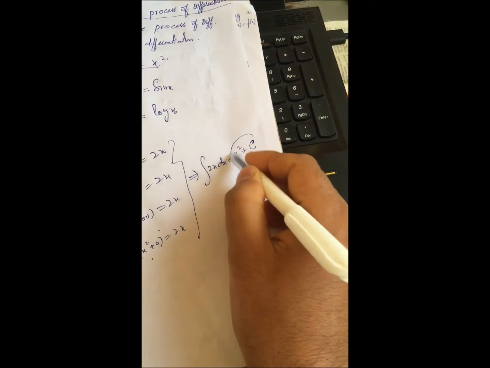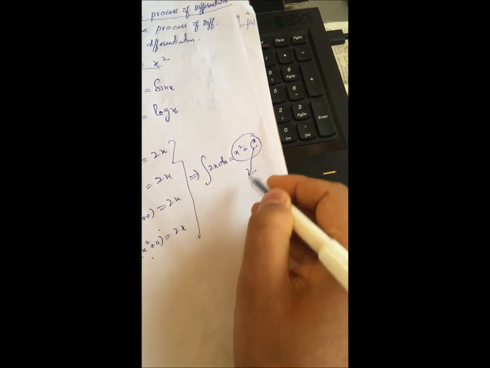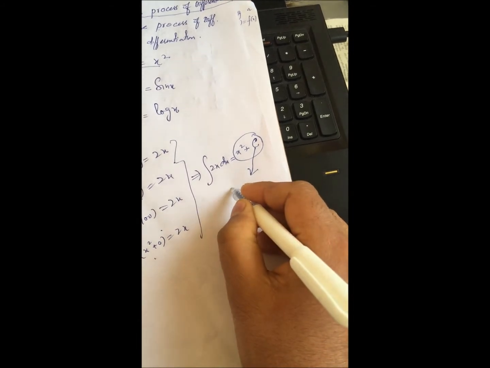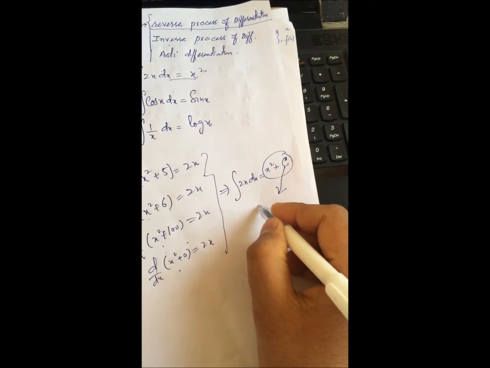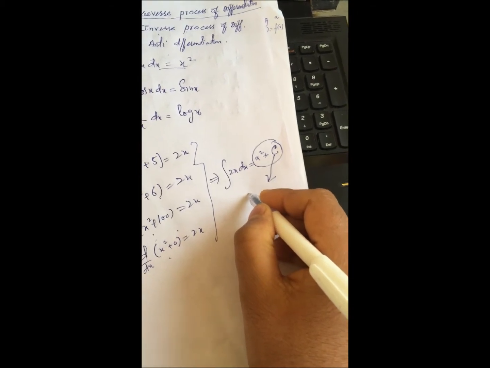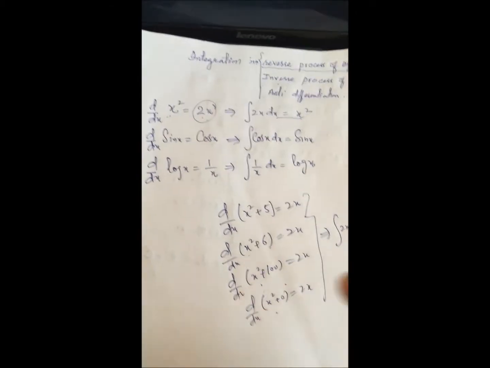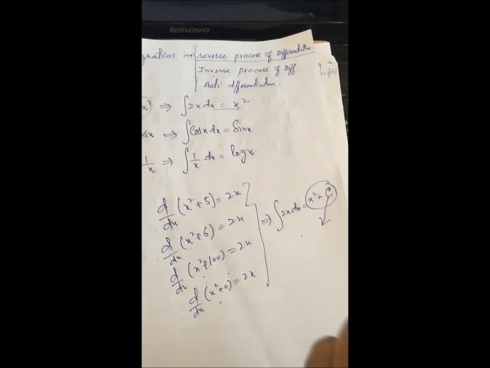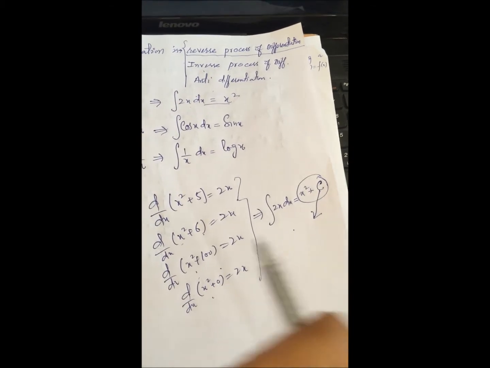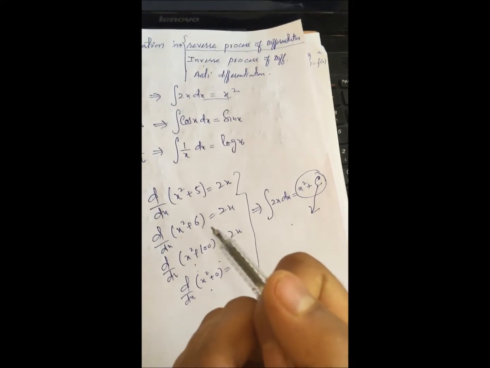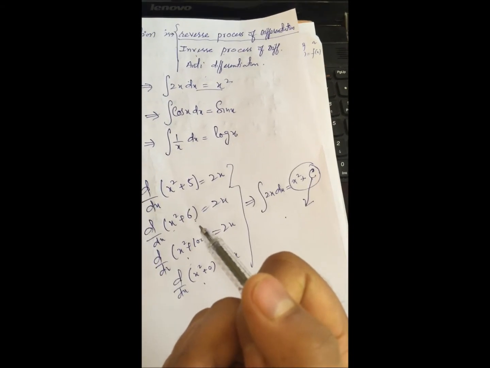So after every integral we write c, and this c is called the constant of integration or simply the integral constant. So we came to the conclusion that integration is the reverse process of differentiation or the inverse process of differentiation or simply anti-differentiation.